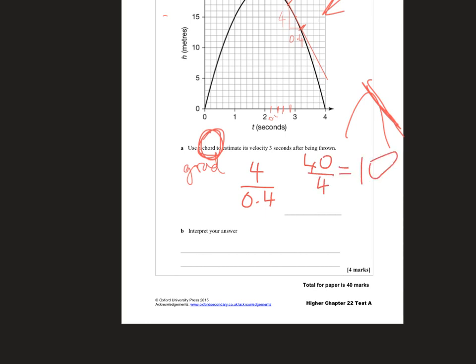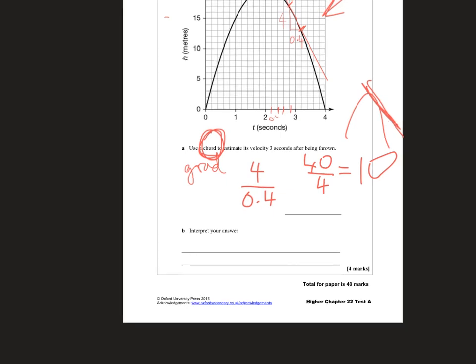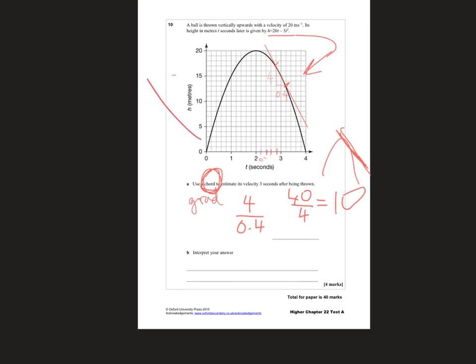However, my gradient is not 10 because it's clearly going down and not up. This is actually a negative 4 change here. So my gradient should be negative 10. So my velocity is negative 10 metres per second. Interpret it.